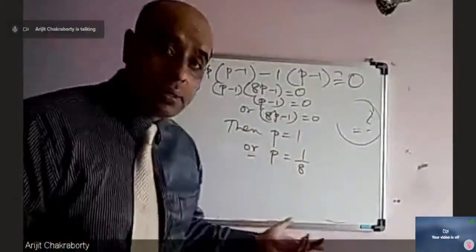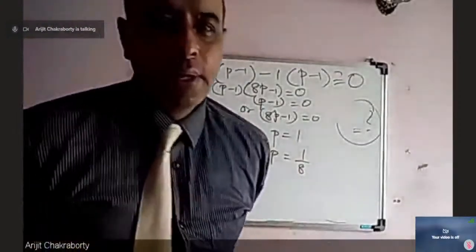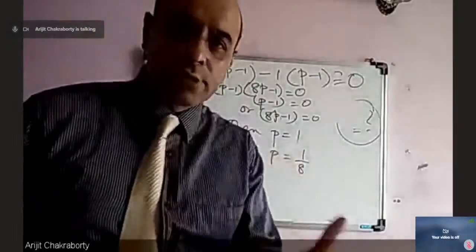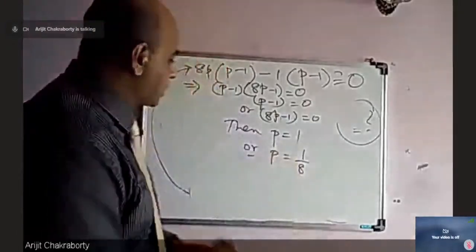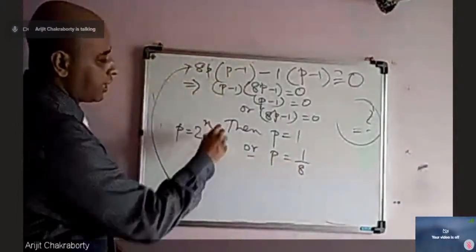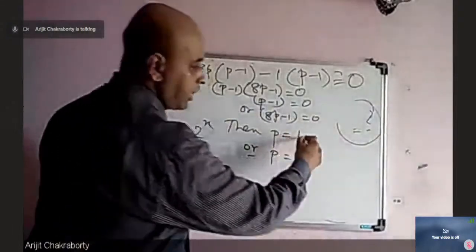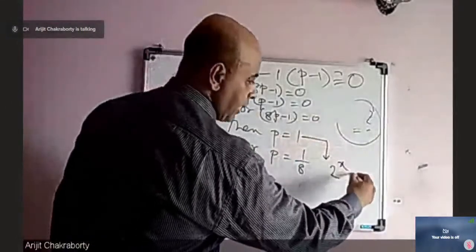But please see your exercise book. What is p? P means actually 2 to the power x. So p equal to 1 actually means 2 to the power x is equal to 1.